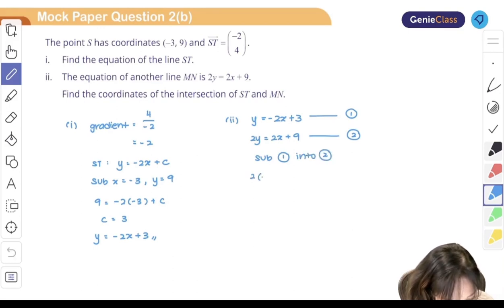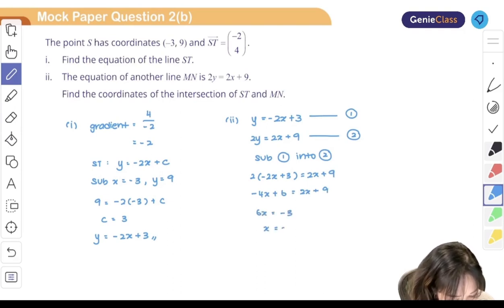So 2 times negative 2x plus 3 equals 2x plus 9. Negative 4x plus 6 equals 2x plus 9, and 6x equals negative 3. X equals negative half. Maybe I save some space, write as decimal.